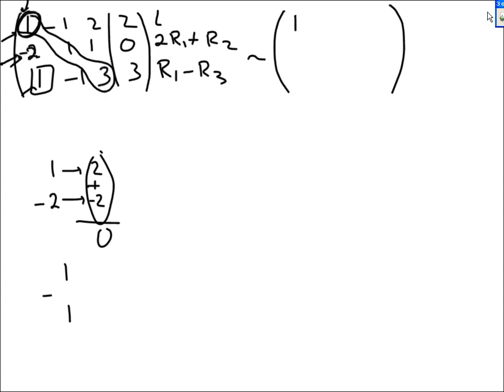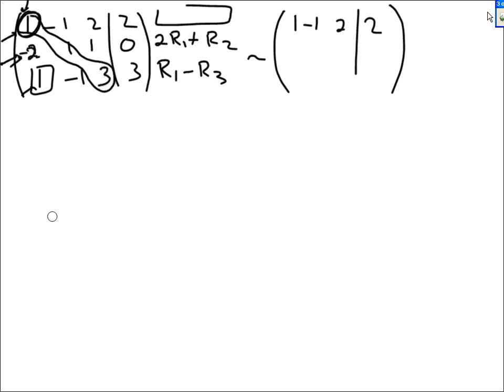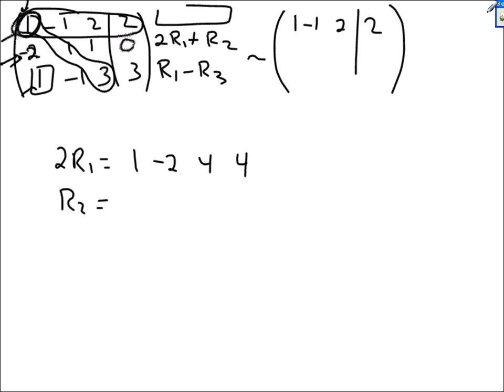We're not doing anything to row 1: 1, negative 1, 2, and 2. But row 2 we're playing games with. We're changing it. So let's change it. 2 times row 1: 2 times 1, 2 times negative 1, 2 times 2, 2 times 2. I doubled those numbers. Plus row 2. I guess I didn't double the first number.